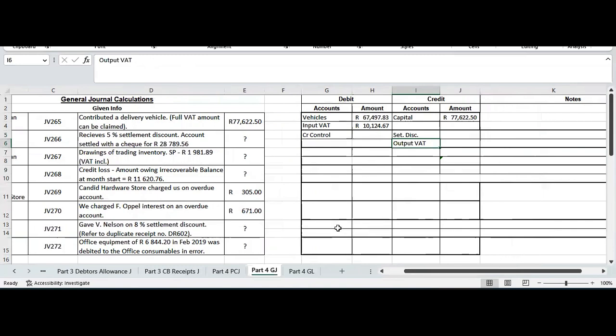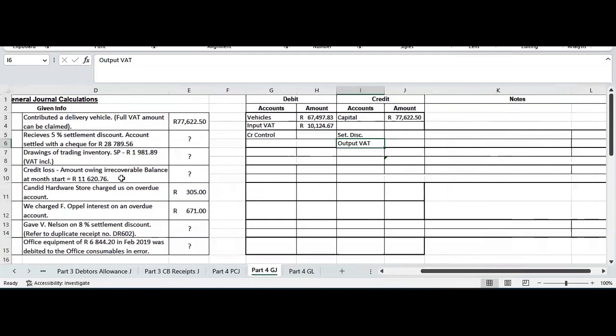When we initially received the invoice from Bowman Industries, we claimed the VAT on that as input VAT. And now we are getting a discount, so on that discount we must pay output VAT. Okay, but now they tell us that we paid with a check.